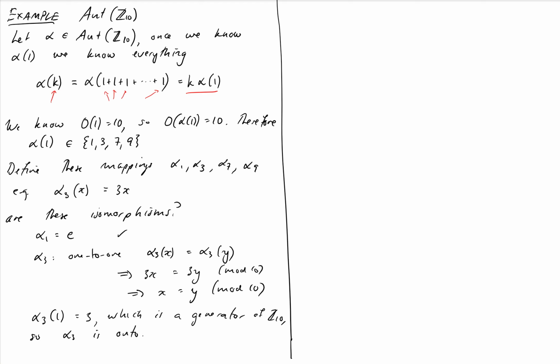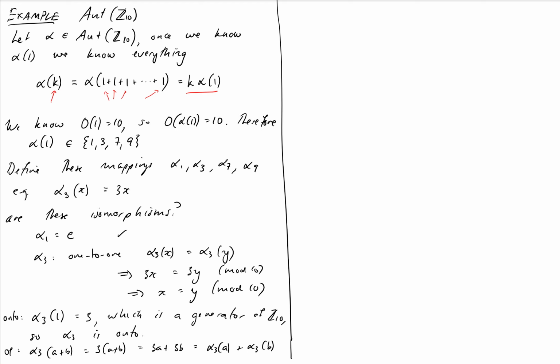So it's definitely onto, and operation preservation is pretty easy to show as well. We have alpha 3 of a plus b is equal to 3(a plus b) mod 10, which is equal to 3a plus 3b mod 10, which is equal to alpha 3 of a plus alpha 3 of b.